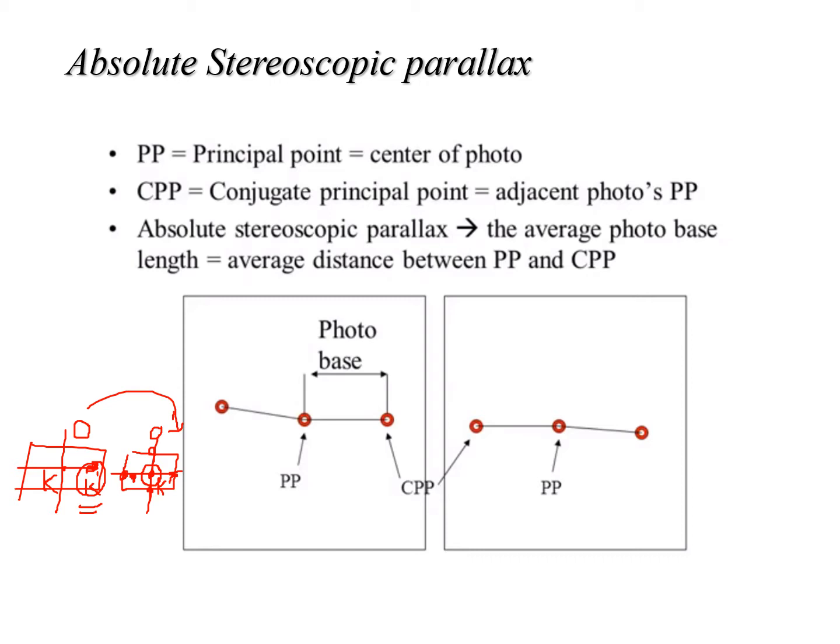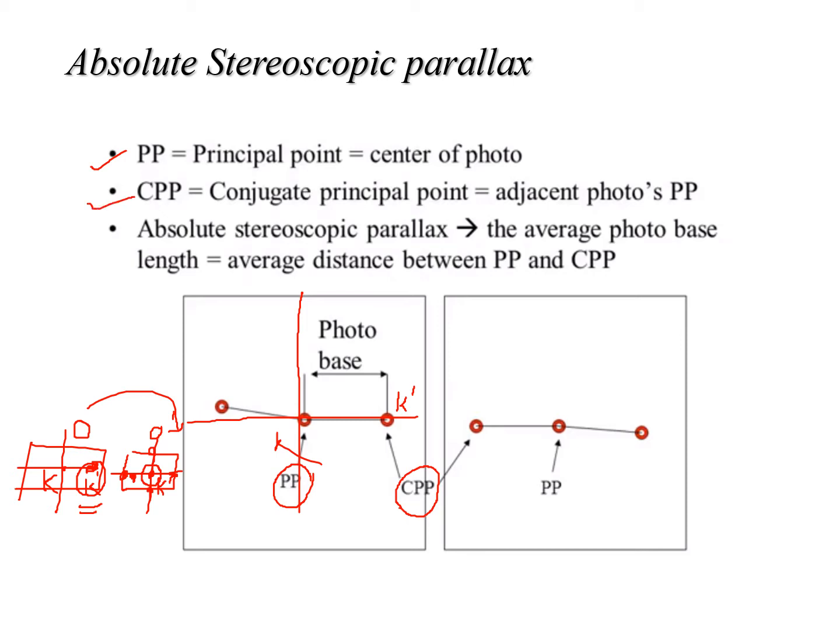So here I try to explain the same. This one is the center of this photograph, so we call it the principal point K, and the second principal point K dash we have indicated here. That K dash is called the conjugate principal point, shown here: principal point and conjugate principal point.